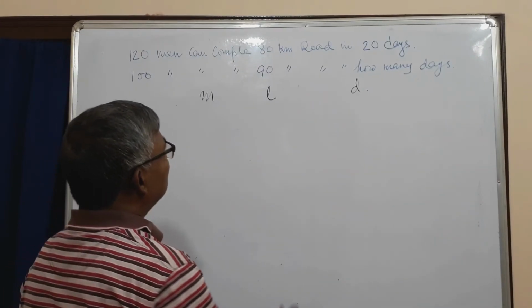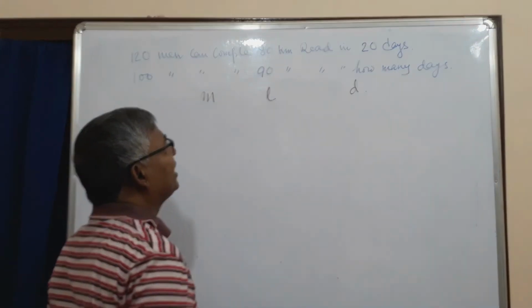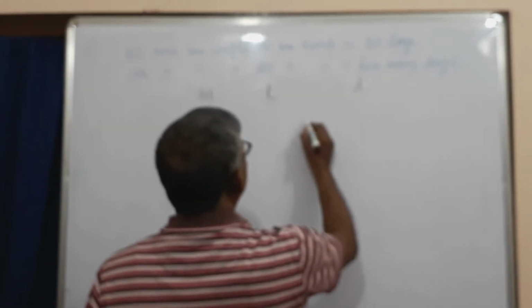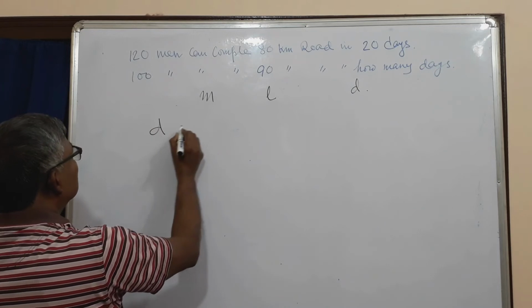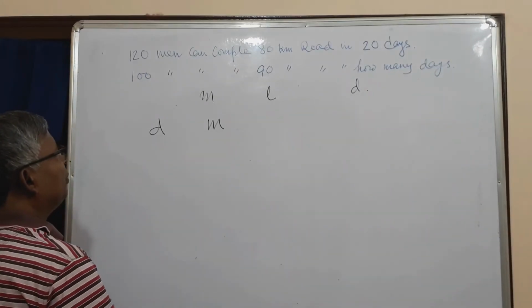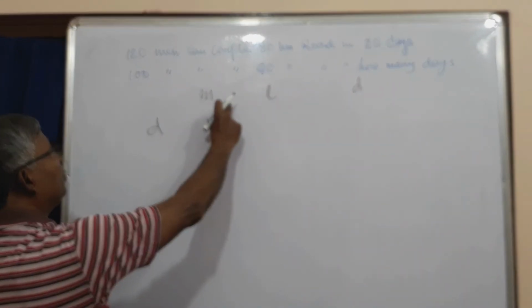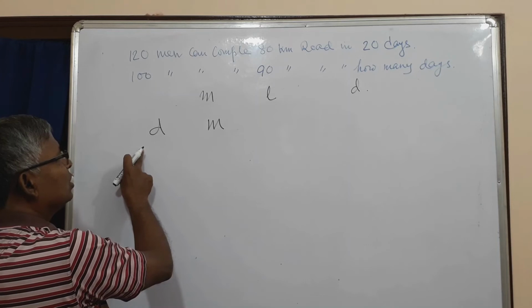So let us see how these three variables are related. Here we see d, how is d related with m? If more men are employed, the number of days will be reduced.